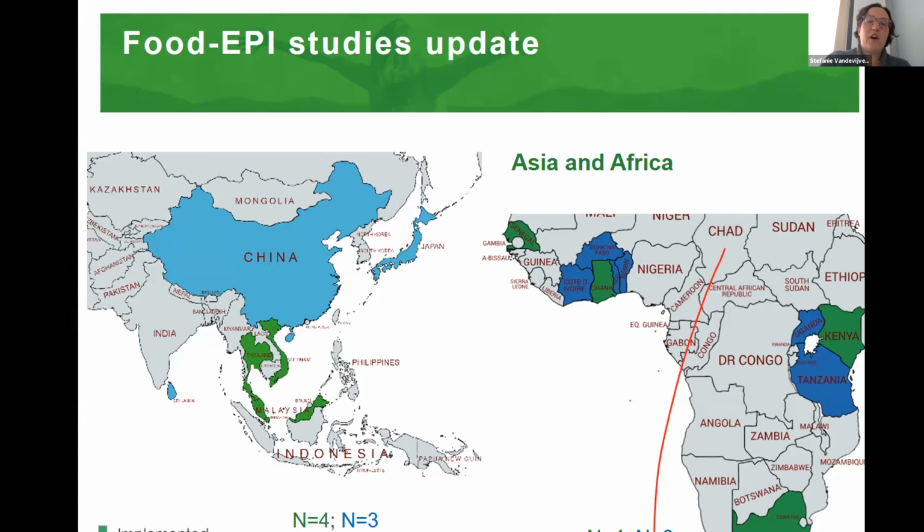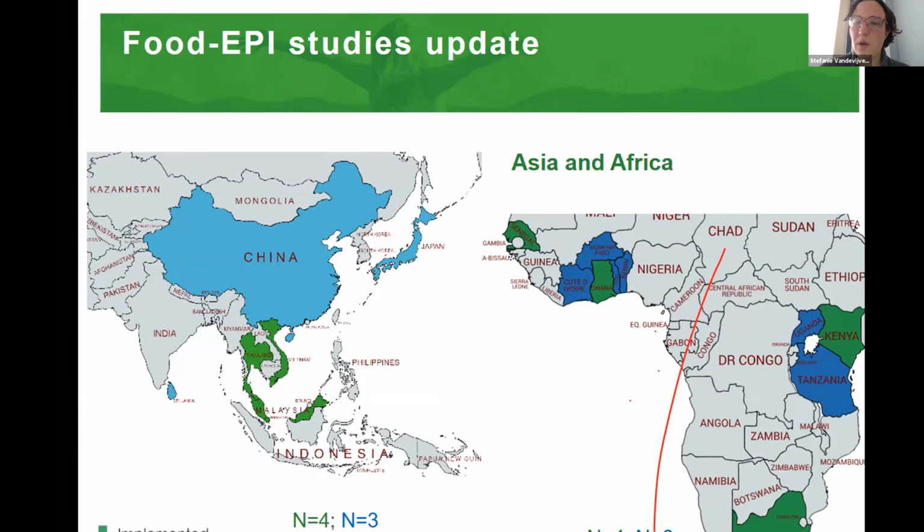Well, there are a few countries that have implemented Food-EPI so far, or that are in the process. In Asia, we have 4 countries that are finished, and then China, Japan, and Sri Lanka are currently in the process.